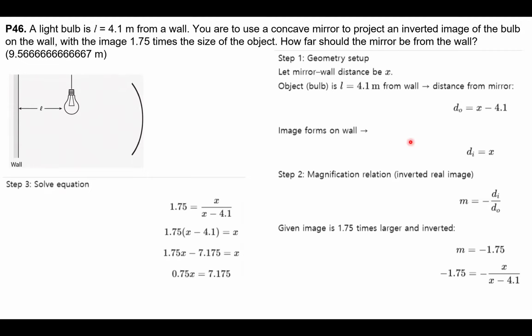The image forms on the wall, so the image should be here, and di should be x, since the wall to mirror distance is x.